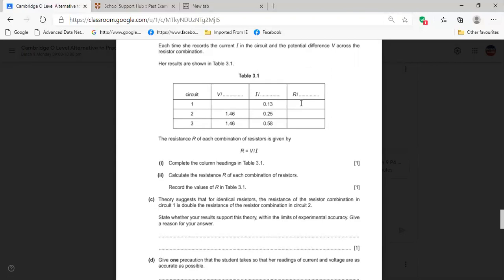It becomes 11.38. That means yes, the values are close, or they are matching. They are coming the same. This way you can write. Is it clear? Yes, sir.